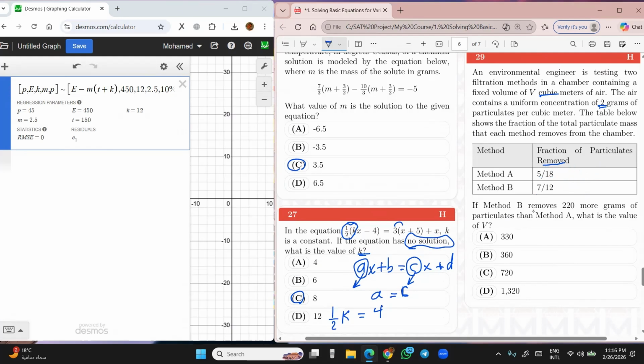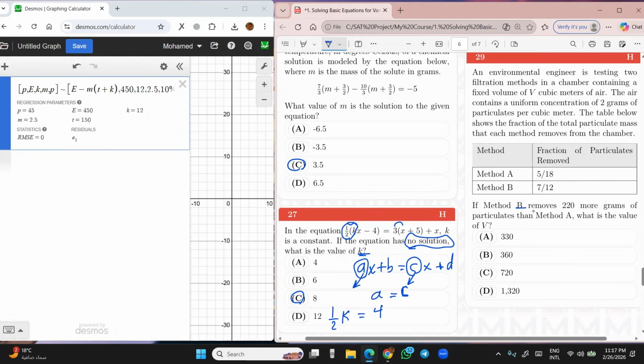The table shows the removing part, which says here, the table below shows the fraction of the total particulate mass that each method removes from the chamber. Remove from what? From the 2V. So this 5/18, it should be 5/18 of what? Of 2V, and so on.